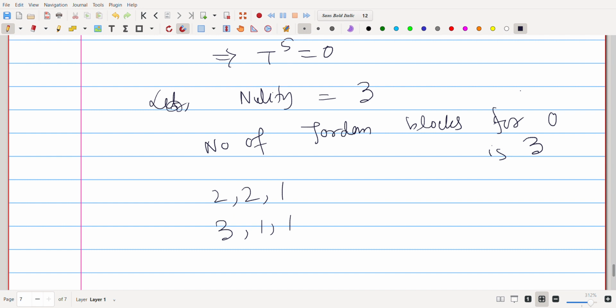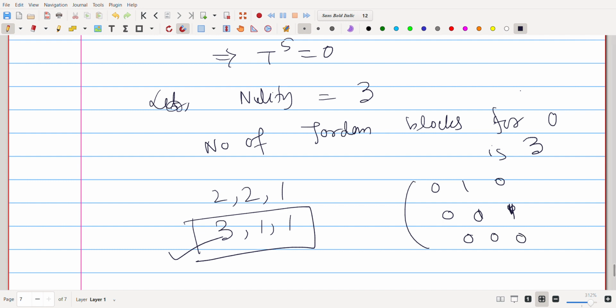Now if you choose this one, then the second one is definitely false, because it is saying that T square must be 0, but T square is not 0 here because it has a 3 by 3 block. If this 3 by 3 Jordan block is, say, J, that means J cube equals 0 and J square is not equal to 0.